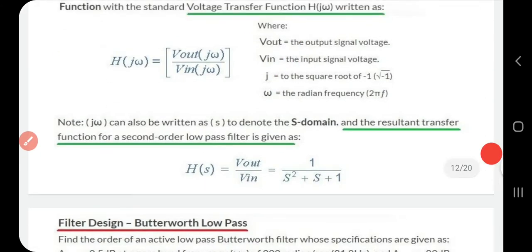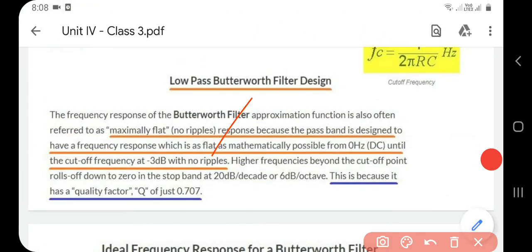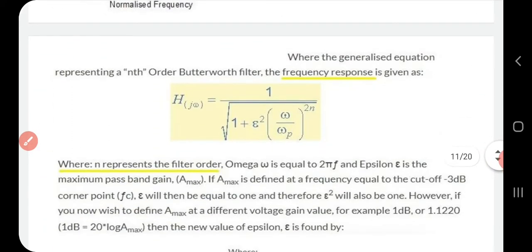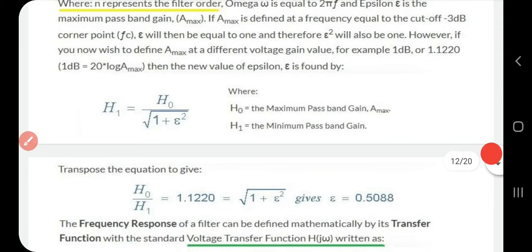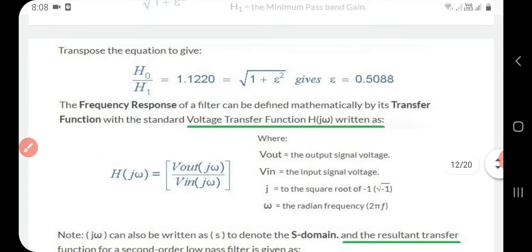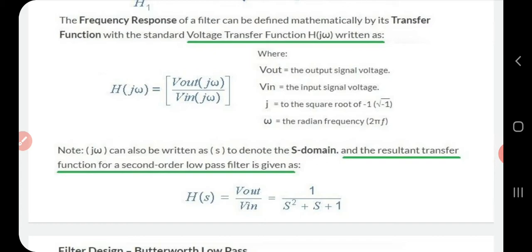Then finally the transfer function for a second order low pass filter. There's no need of learning it. So which are the specifications? When they ask you to write this, then the roll off rate, Q factor, then the expression for the frequency curve, then the frequency response equation, explanation of terms, then the value of epsilon, this equation, explanation of terms, then finally the transfer function and voltage transfer function, then the resulting transfer function for a second order low pass filter.